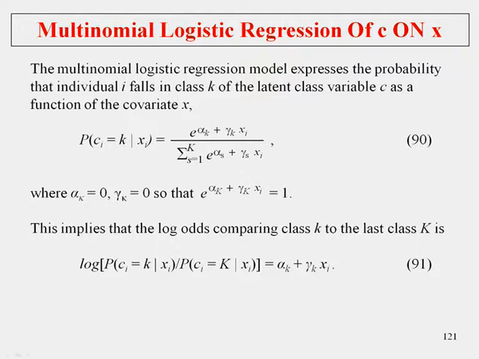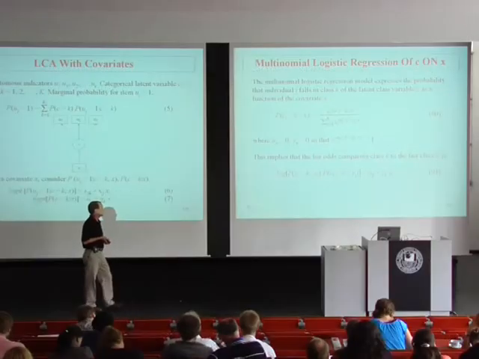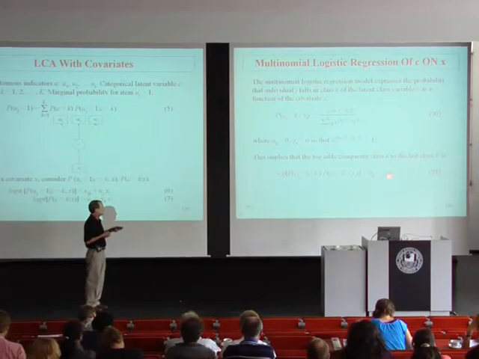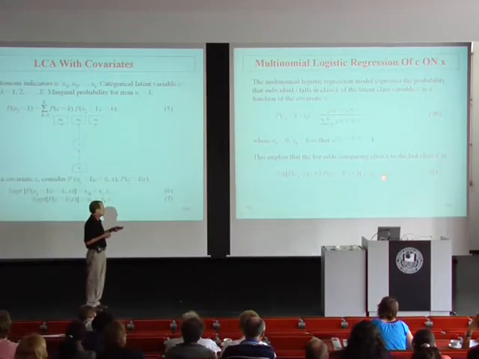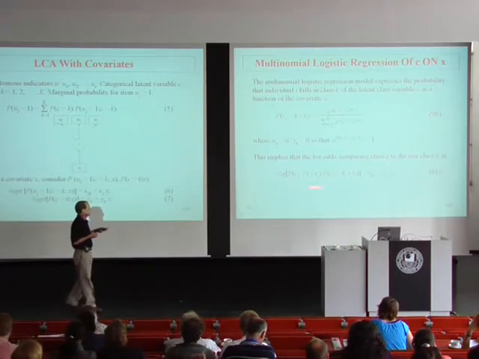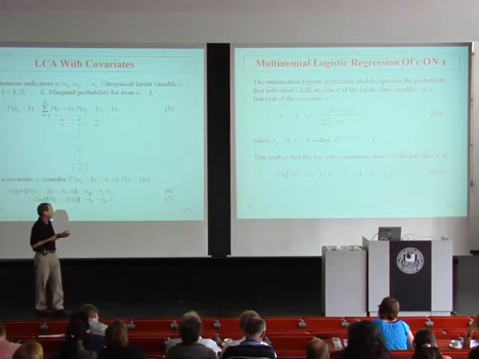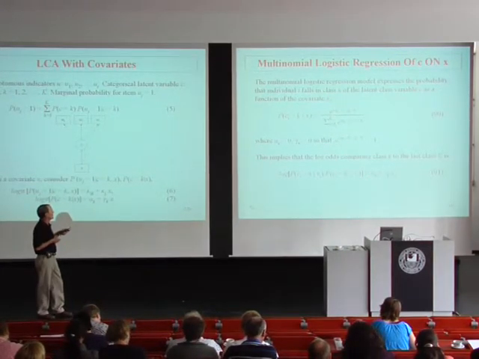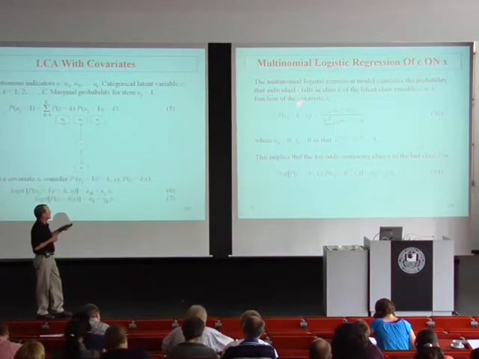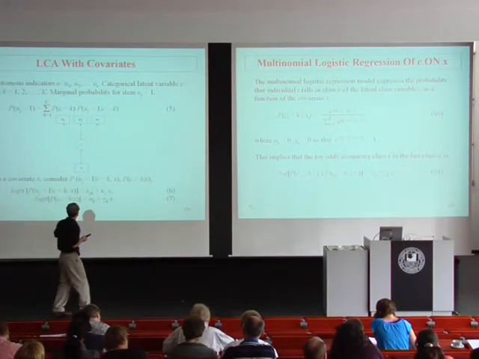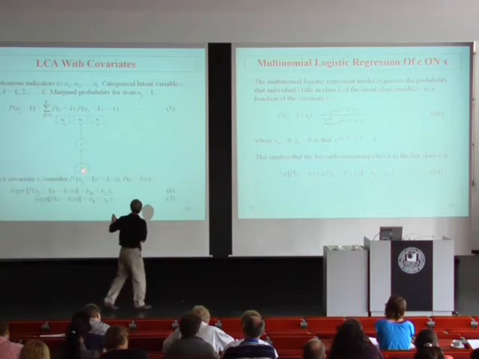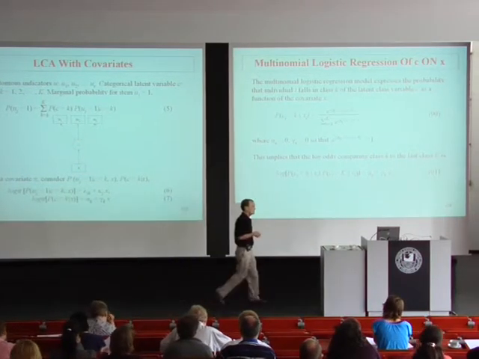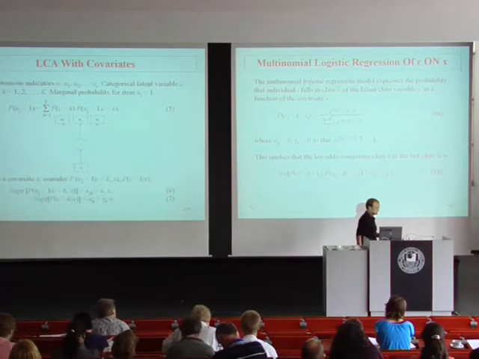If you had a polytomous dependent variable where you had ordered categories and ordinal variables, the slopes would be the same. There would be no subscript k here. But the more general unordered nominal case will have intercepts and slopes that vary across the classes. So this slide 121 is the machinery that orchestrates X influencing C, or in other words, C regressed on X.